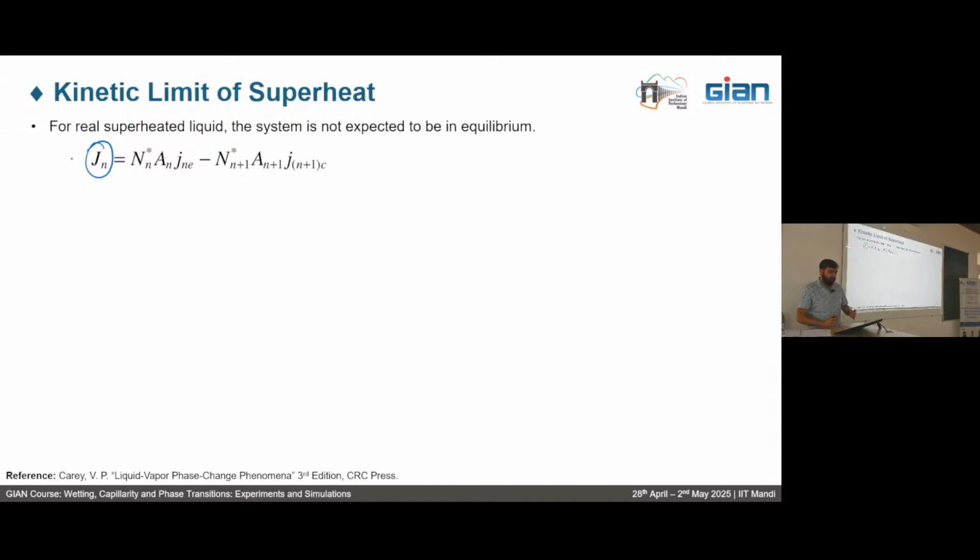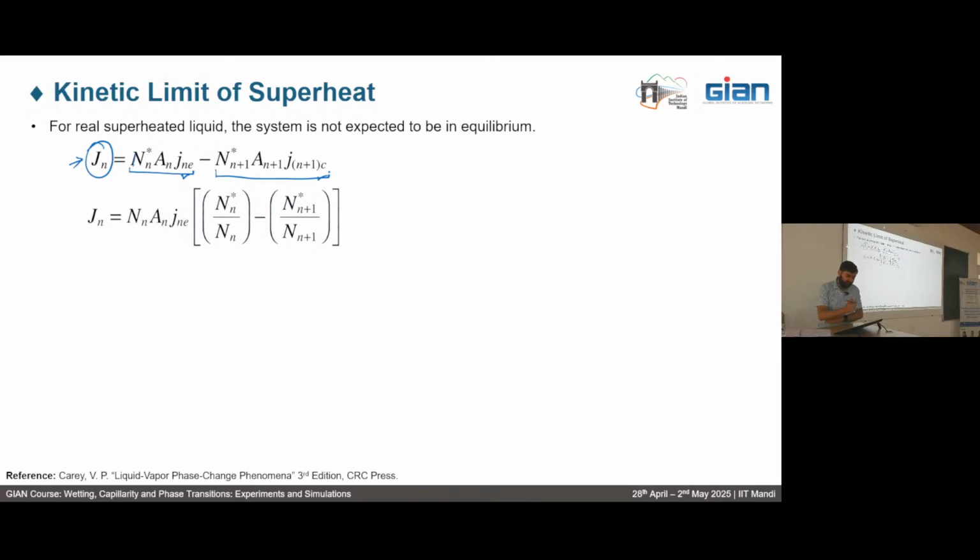So Gn can be defined as the difference between Nn An Jne, which represents from how many embryos the evaporation is taking place, and Nn plus 1 An plus 1 Jnc, which represents from how many interfaces the condensation is occurring, so that the bubble is again increasing in size. Their difference tells us how much excess of molecules we have from n to n plus 1 and from n plus 1 to n, in terms of both evaporation and condensation respectively.